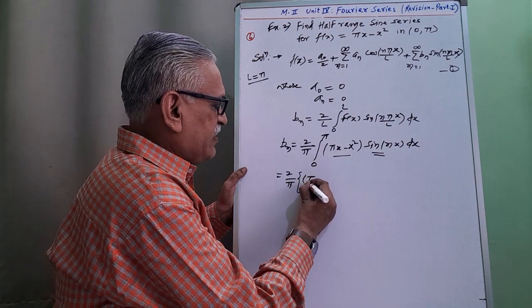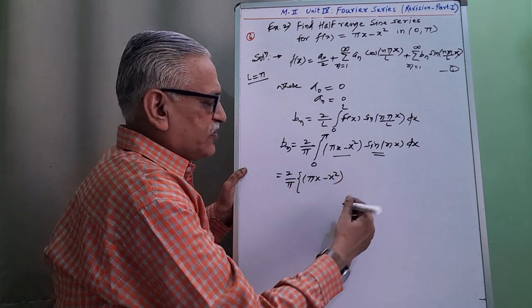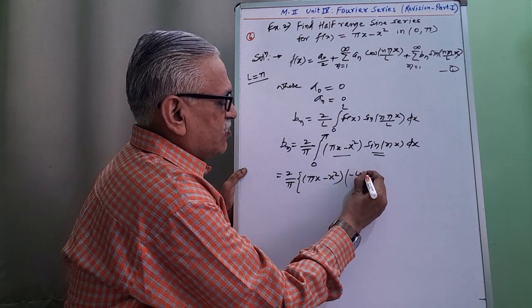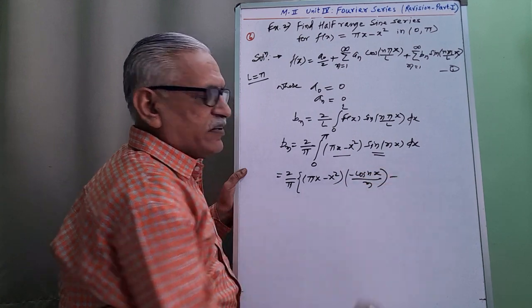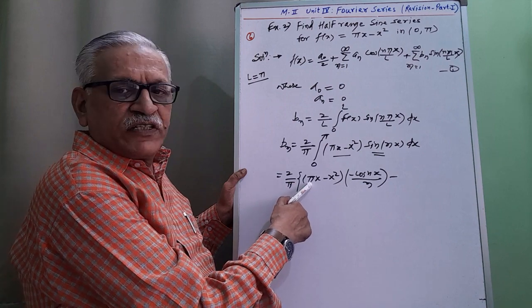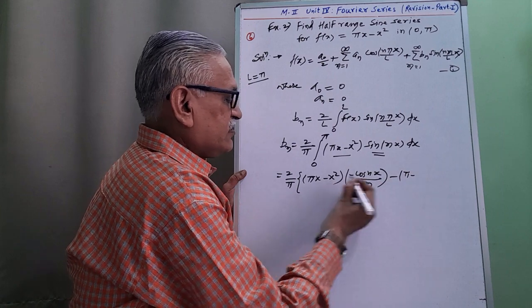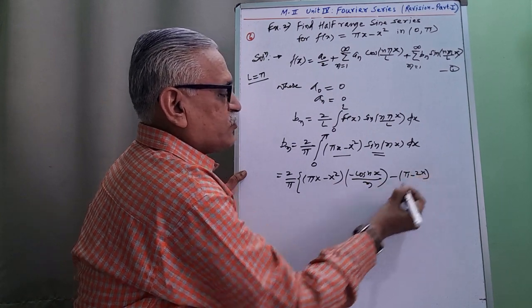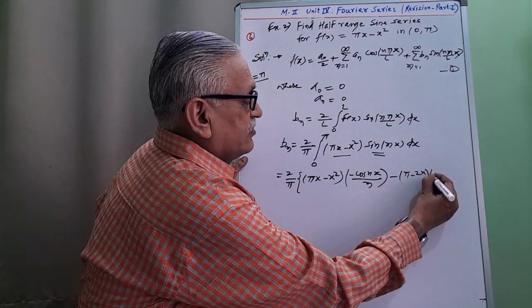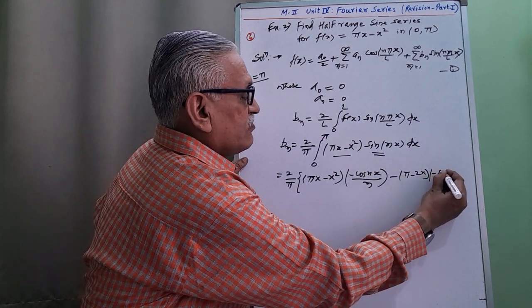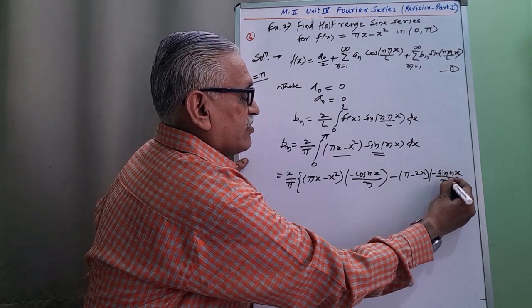Therefore, first term is pi x minus x square. Integration of sine is minus cos nx divided by n, then minus differentiation of this with respect to x is pi minus derivative of x square is 2x, and next integration of cos is sine with this minus sign, therefore minus sine nx by n square.